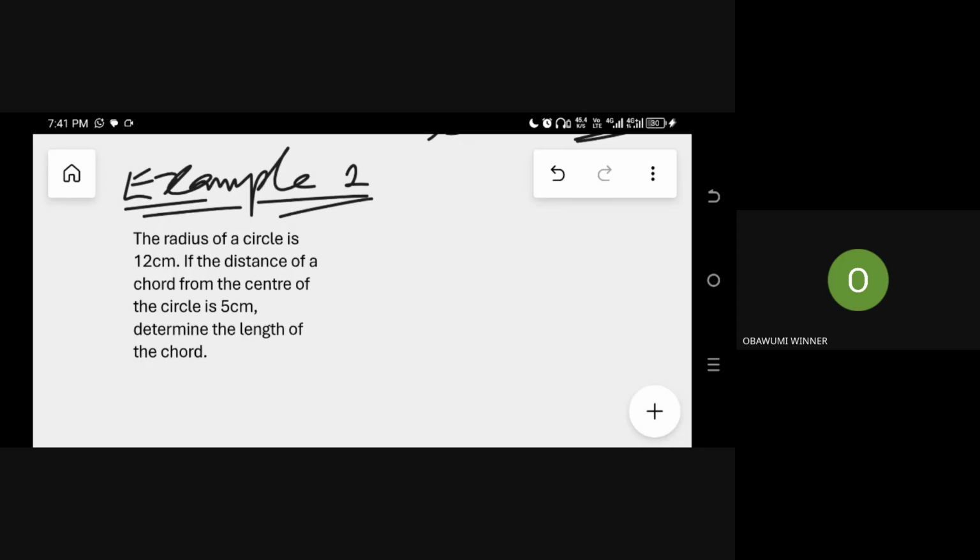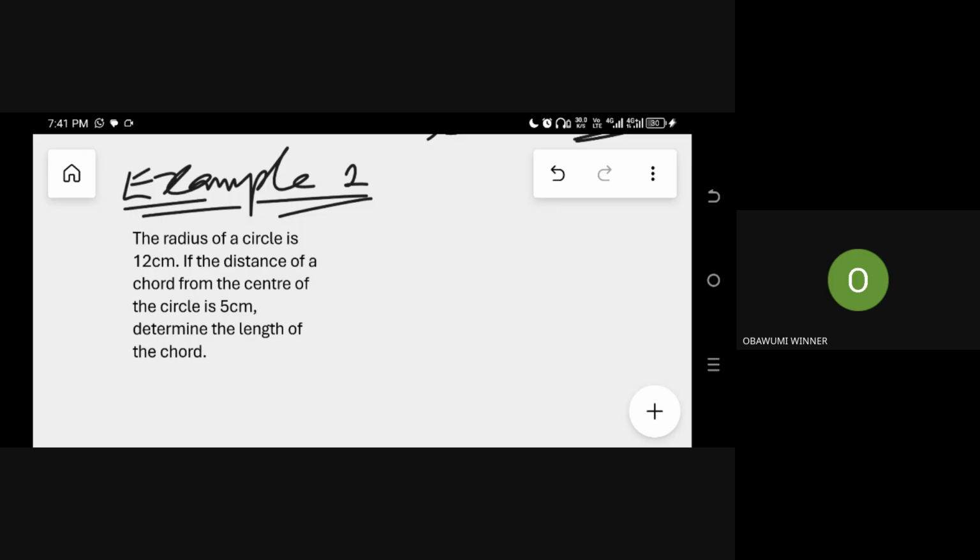You only have 3 lines you're dealing with. When they say the radius of the circle, you'd have to know where to put that value. When they say the distance of the chord from the center of the circle, you will have to be able to tell where to put that value. And of course, when you're asked the length of the chord, you'd be able to know what to put there.